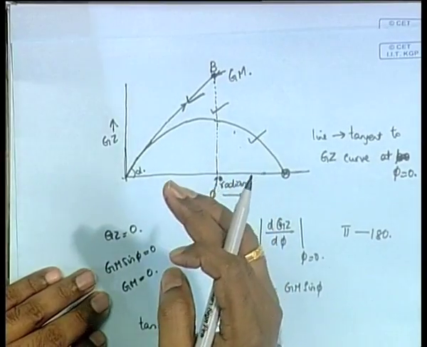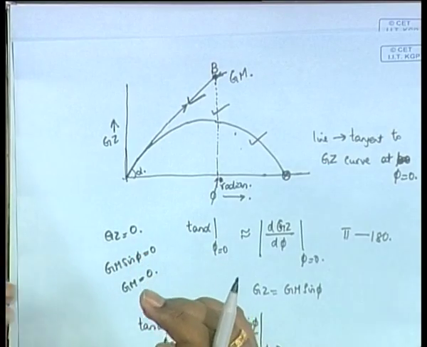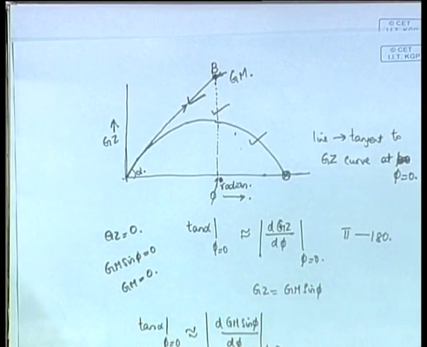Finally, we know that GM becomes 0 at some point. GM means this vertical distance, it might be here, M might be here, but this distance might be 0, means the vertical distance between G and M becomes 0. So M is initially here, then it shifts here, keeps going like this.